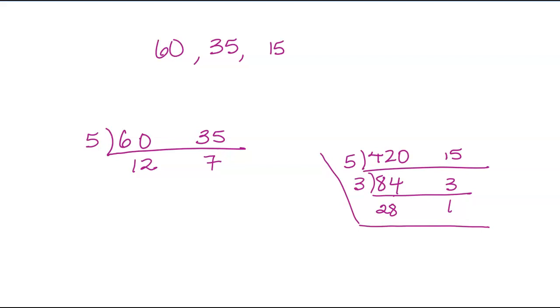I think you know what it is, and it is 420. So 420 is the LCM, which, if you're adding fractions with these 3 denominators, is what you have to change to. So that's how you do the least common multiple.